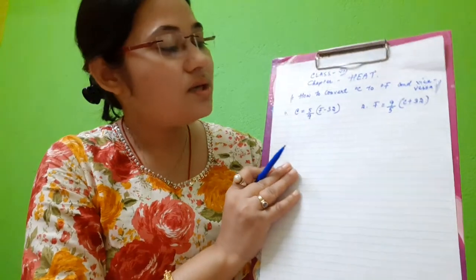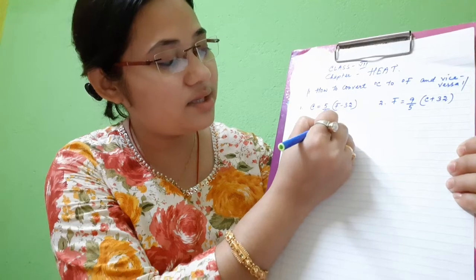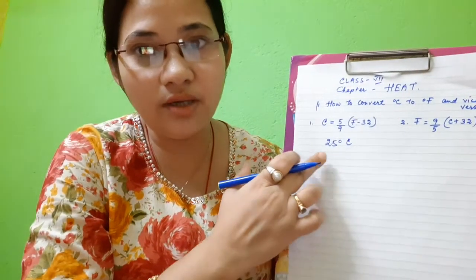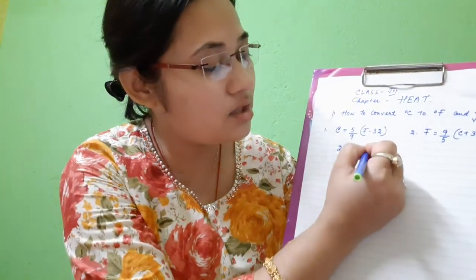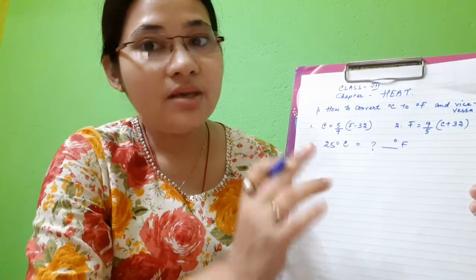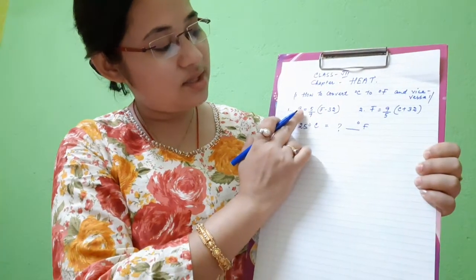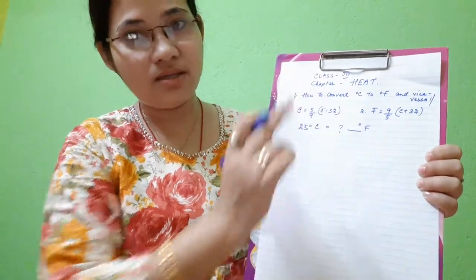So let us start. Suppose I take 25 degree Celsius. How to convert this 25 degrees Celsius into Fahrenheit? How much degree Fahrenheit will it be? We don't know, but we know there is a simplified equation. Let us take c is equal to 5 by 9 into f minus 32.